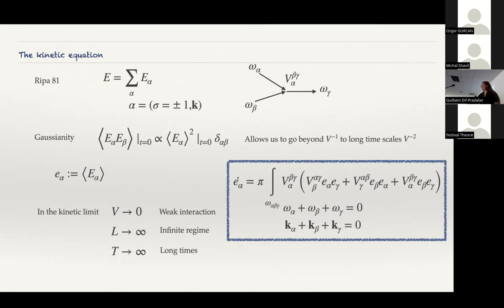Yes. E is some function of k. And what power of k is this? So it's anisotropic. It depends on the cosine and sine of the different angles, and it also depends on the wave number amplitudes.